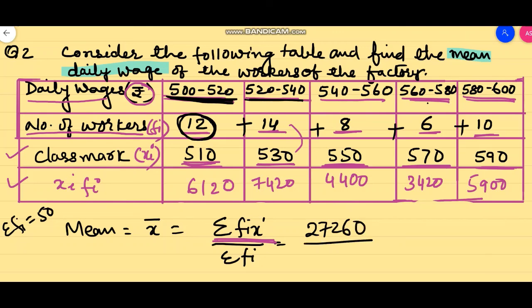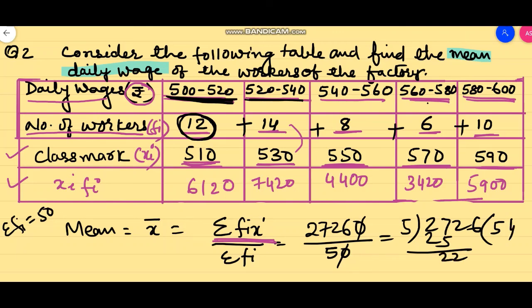27260 divided by the number of workers. How many workers were there in total? We had 50 workers. So for 50 workers, if you cancel 0 and 0, you will get 2726 divided by 5. So children, 5 5s are 25, so you are left with 22. 5 4s are 20, again you are left with 26.